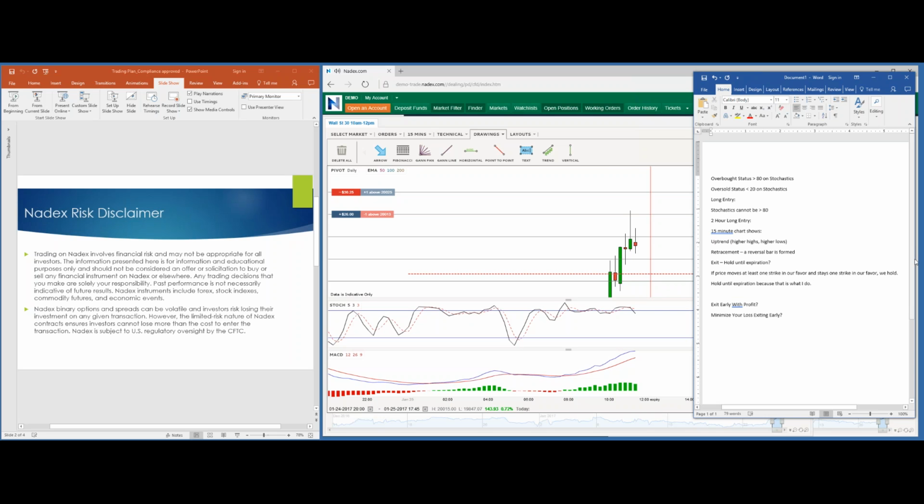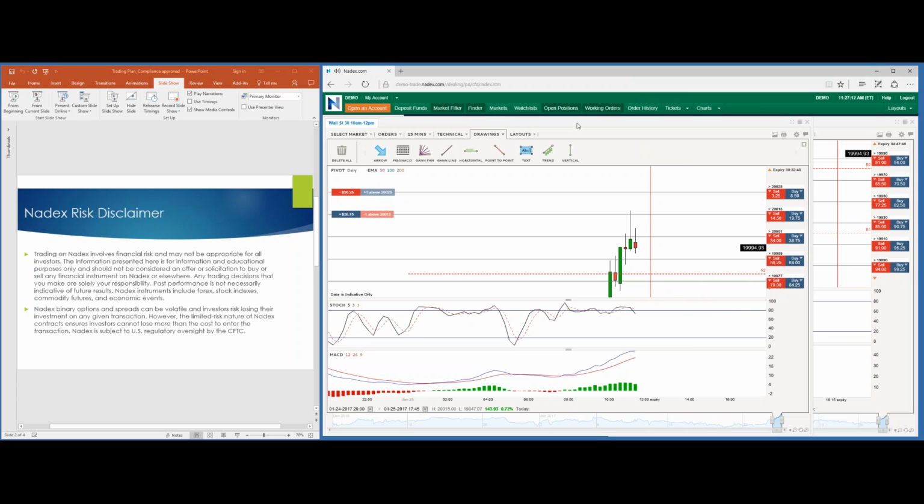This is something that you have to decide: what type of trader you are. Sometimes it's a matter of risk. For example, if I had chosen one up here at $9, I might stick with it and say, I know this is not a high probability trade, but I believe it's going to move up there, so I'm not going to micromanage it. I'm just going to stay with it.